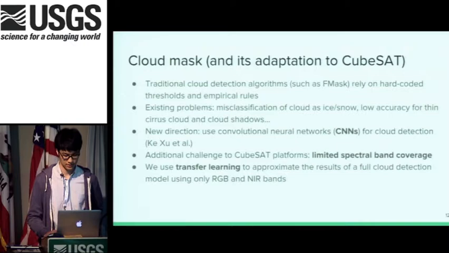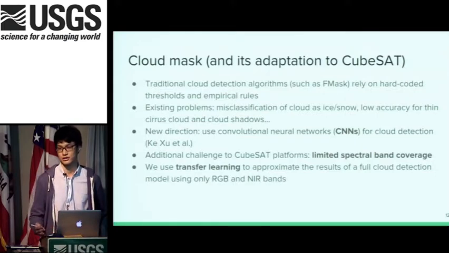And if you think about it, we as humans can almost perfectly identify clouds on an image even with only RGB bands. So I do believe that there's sufficient information in just RGB and near-infrared bands.